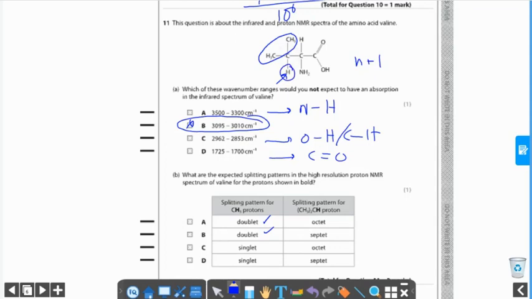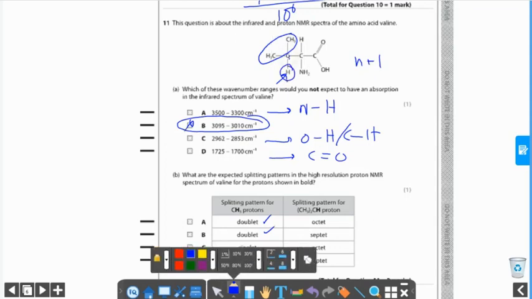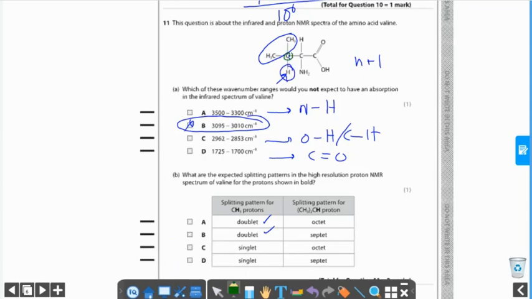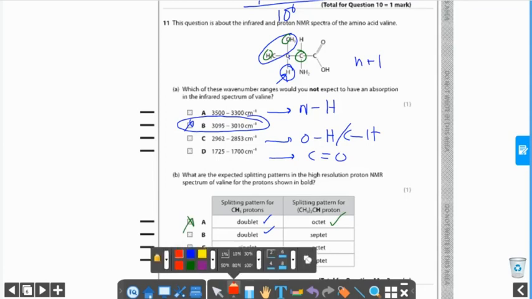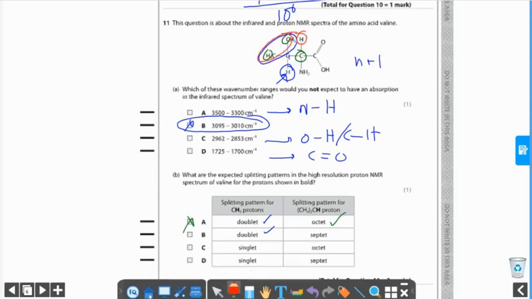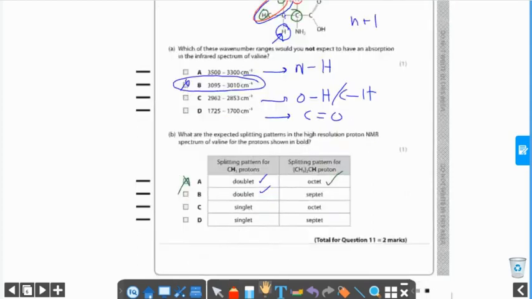Adjacent carbons are these carbons. How many hydrogens are there in that? Not 6, 7 hydrogens. So 7 plus 1 is 8. So it will be an octet. So don't forget you have to add these hydrogens. 3, 3, 6 plus 1, 7. So N number is 7. 7 plus 1 is 8. Octet.